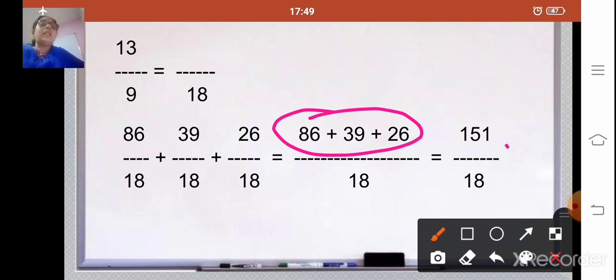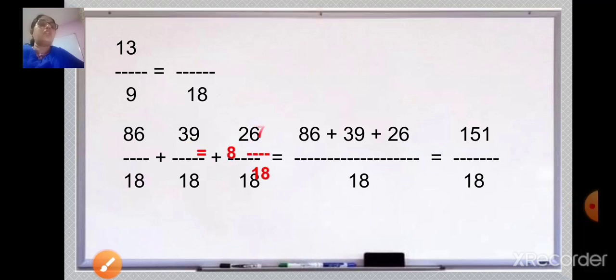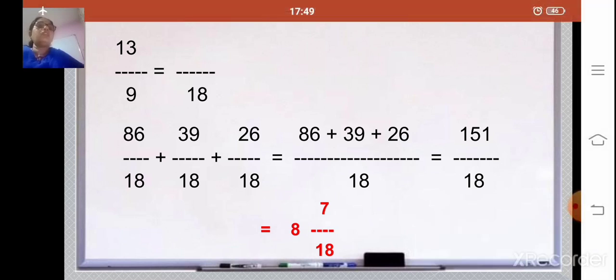Now as this is an improper fraction, we will further divide 151 by 18 and write the answer as a mixed fraction, that is 8 whole 7 upon 18. When you divide, your quotient will be the whole number, your remainder will be your numerator, and the divisor will become your denominator. Now coming to the next one.